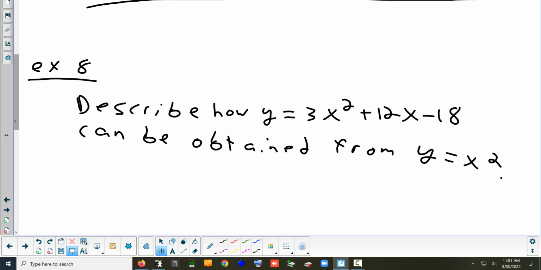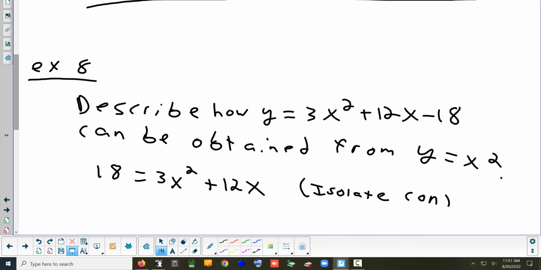Put the constant alone. That's step 1. So we're going to have 18 equals 3x squared plus 12x. So I'm just going to say isolate the constant.